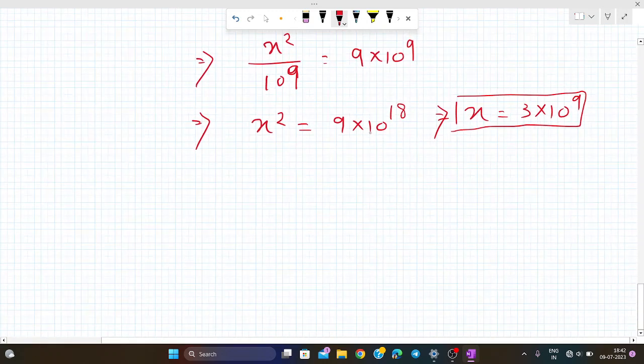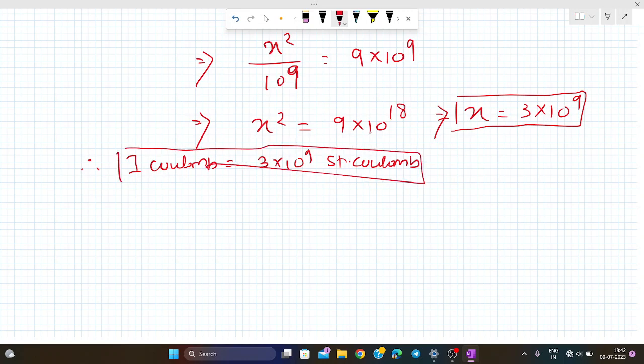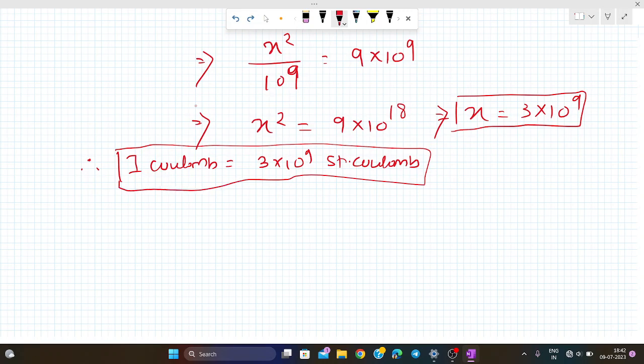Hence, 1 coulomb is equal to 3 into 10 to the power 9 stat coulomb. Hope you all understood the derivation, how we derive this relation between coulomb and stat coulomb.